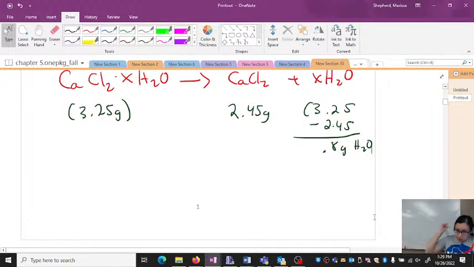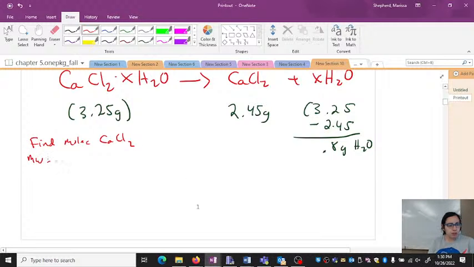And so now we're set up to do everything. So let's find moles of calcium chloride. We need the molecular weight of calcium chloride, so take a minute or so and let me know what the weight is. Do you have a mass there?